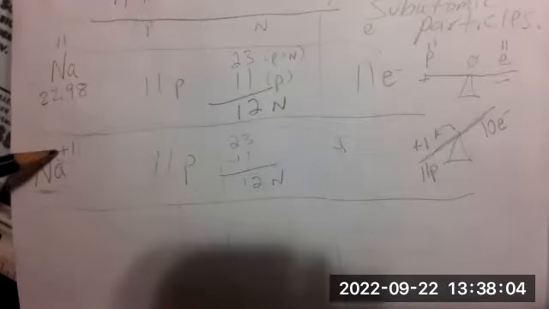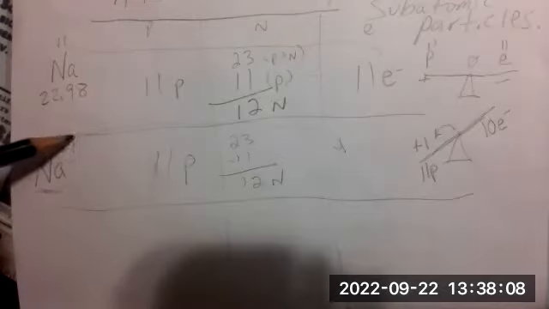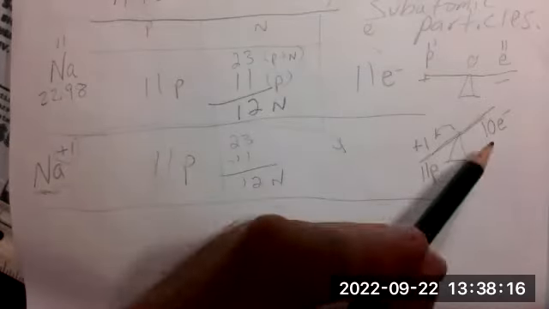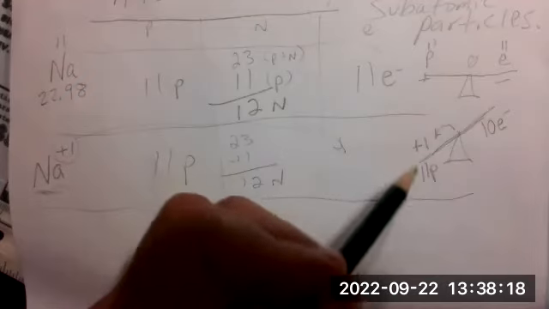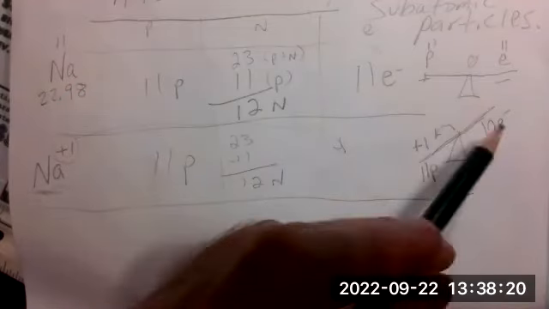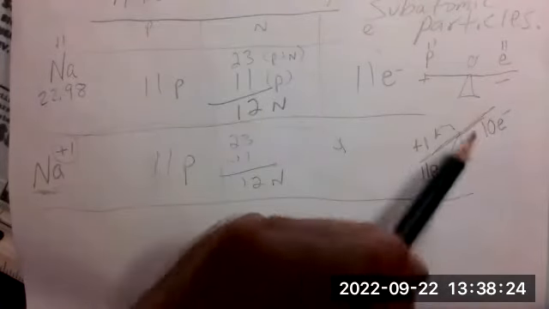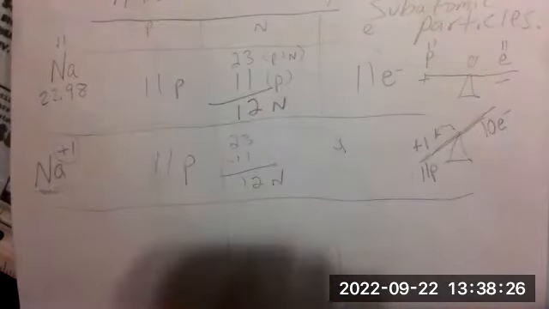So when this is positive, an electron has been removed, or however many electrons as this number next to the positive states. So in this case, we have 10 electrons because, and you can see that there's one more positive than negative. So they're out of balance. And so therefore, we have 10 electrons and we still have those original 11 protons. So we say 10 electrons.